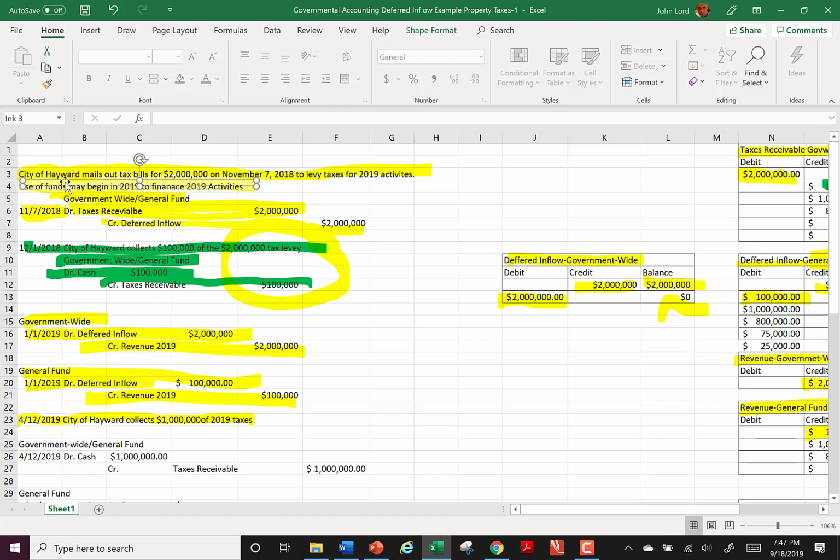Okay, so if I'm sitting here in 2018, it's not 2019 yet, right? So that's why I put the whole amount in deferred inflow under both rules, right? As soon as I entered into 2019 for government-wide under full accrual, I took all the revenue, right? No more deferred inflow.